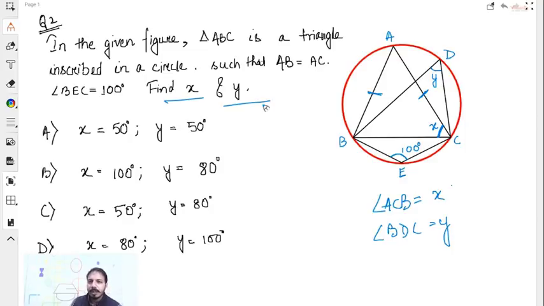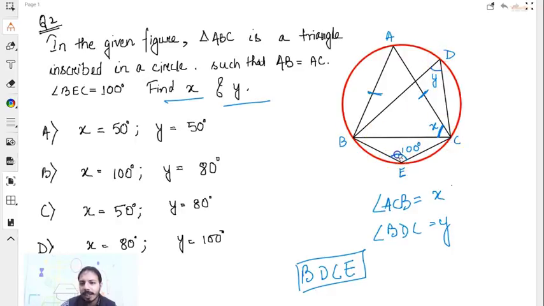Yeah. So again you can use the cyclic quadrilateral property. Using that we can say that BDCE is a cyclic quadrilateral.